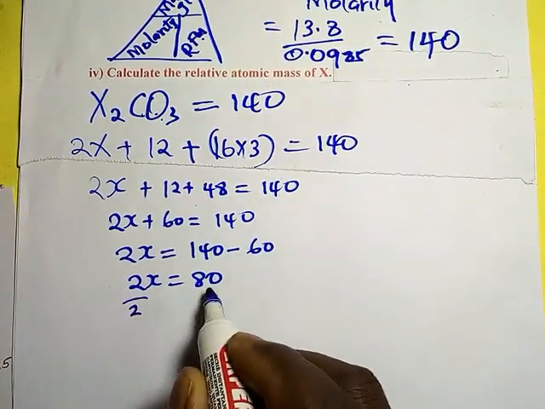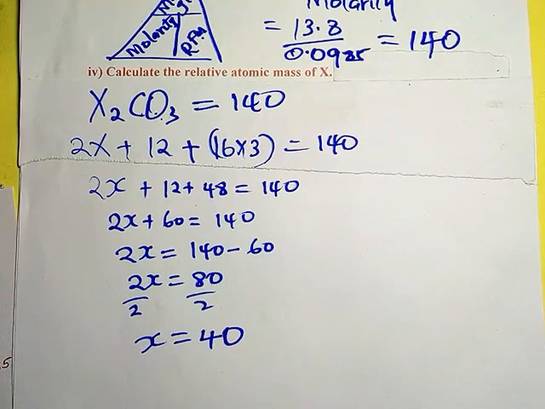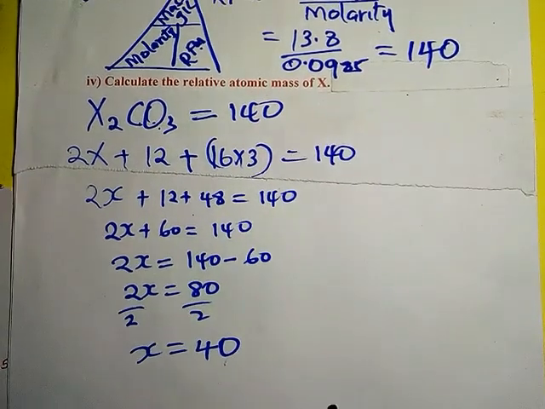Divided by 2, X equal to 40. So the relative atomic mass of X is 40. Thank you.